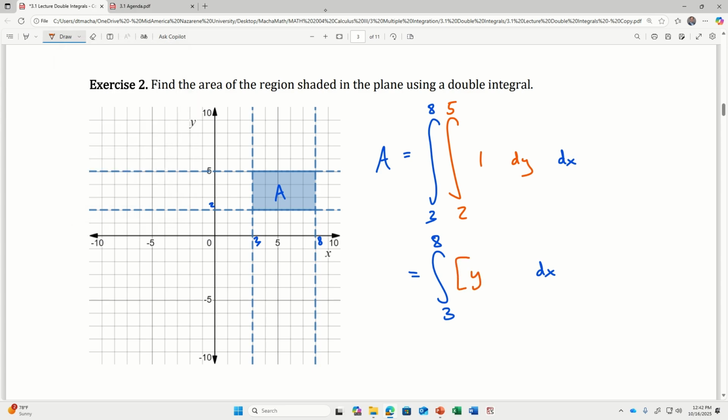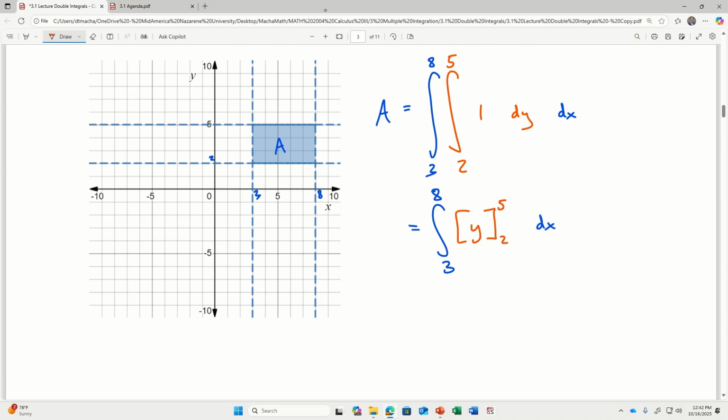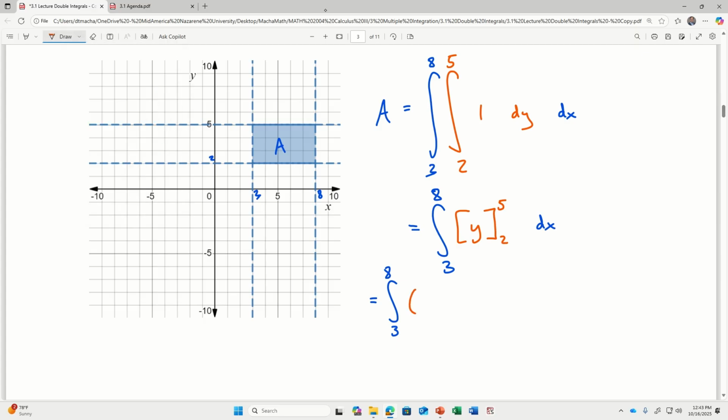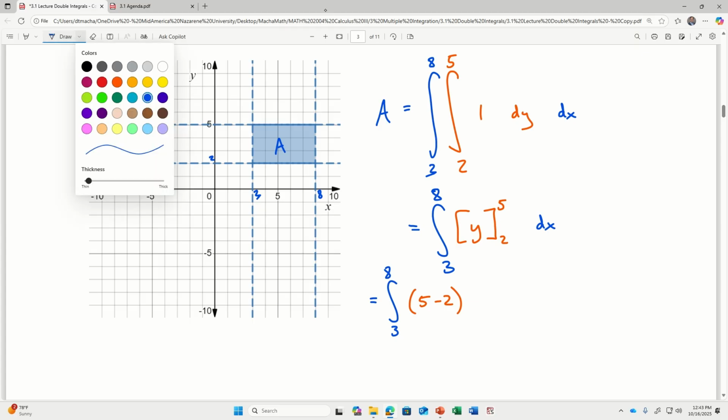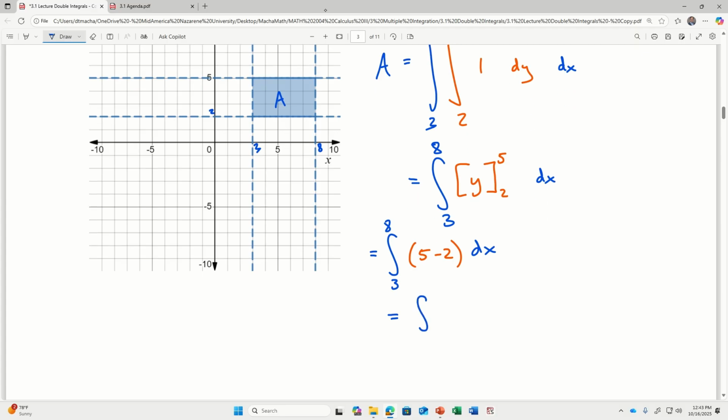Y. With lower bound 2, upper bound 5. And then we're going to plug in 5 and 2 there. So we get 5 minus 2. And 5 minus 2 is just 3.